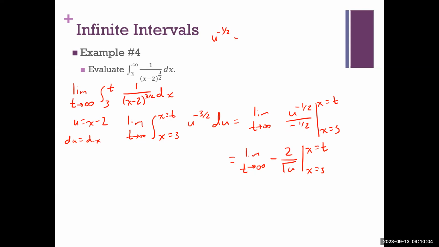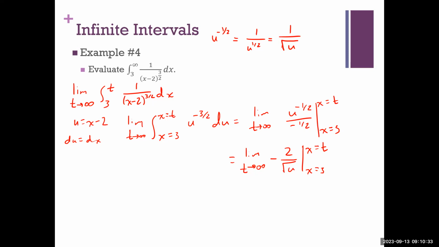If I raise something to a negative exponent, what am I really doing there? 1 over. So yeah, that was going to be my next question. So if we want to write that with a positive exponent, we really are taking the reciprocal. And then the power of 1/2 is identical to square root of u, right? Okay, so that's why that square root of u winds up in the denominator.